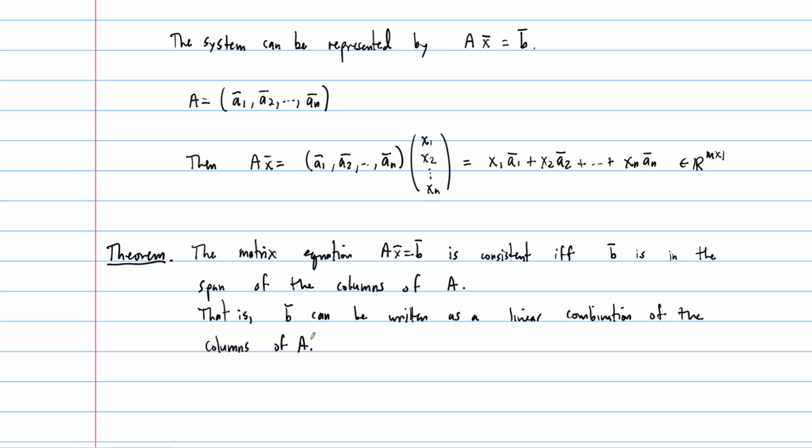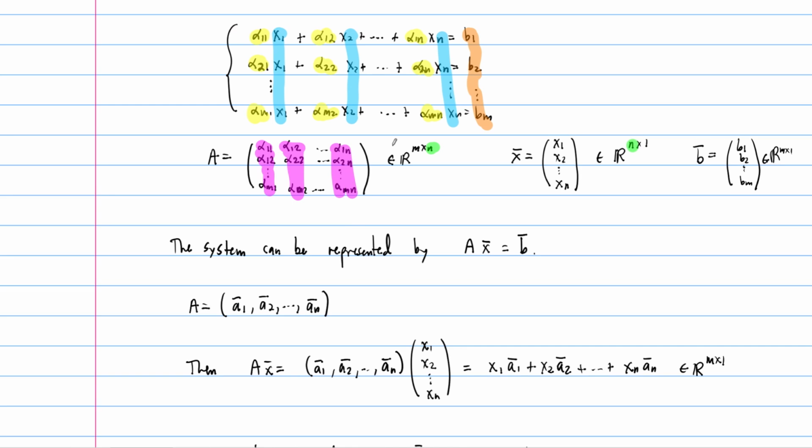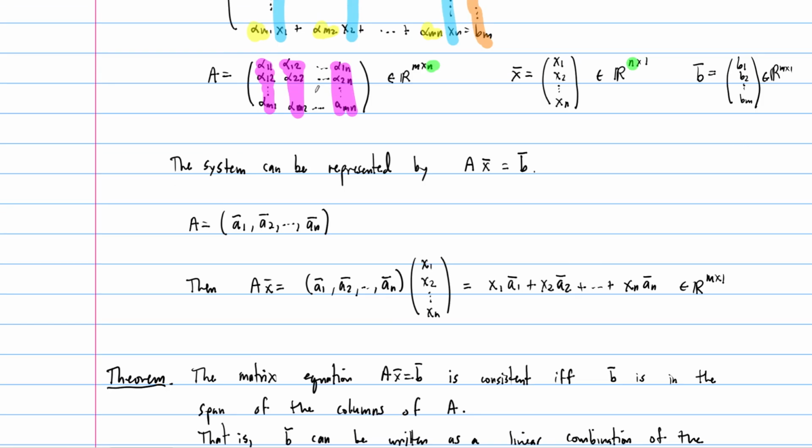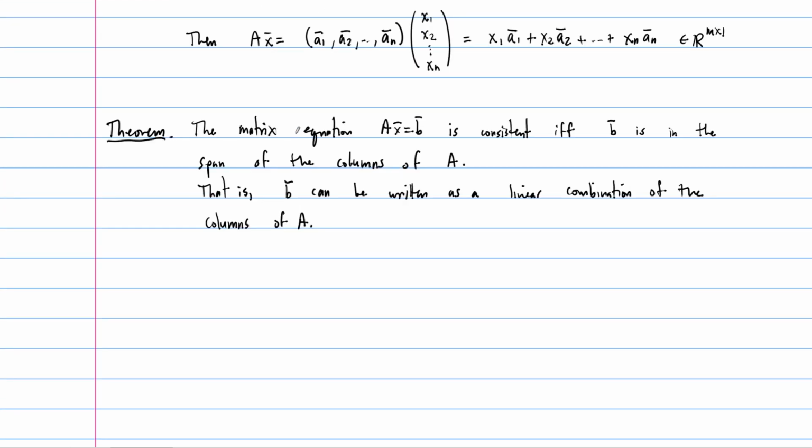So you can call that the consistency theorem. Remember, consistency refers to whether or not the system of equations has a solution, has at least one solution. So the system is consistent if it has at least one solution. It's inconsistent if it has none.